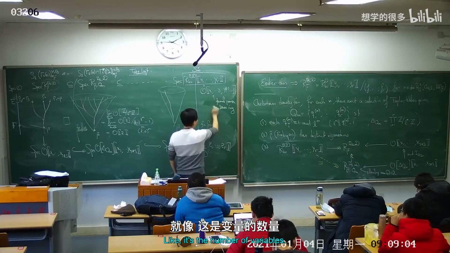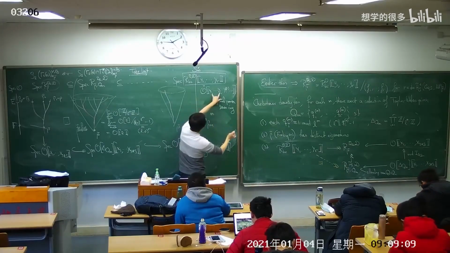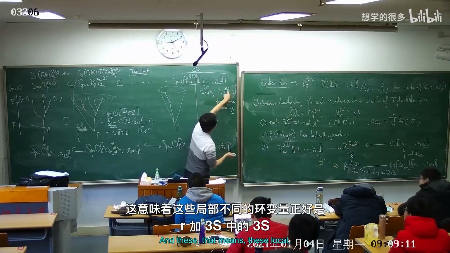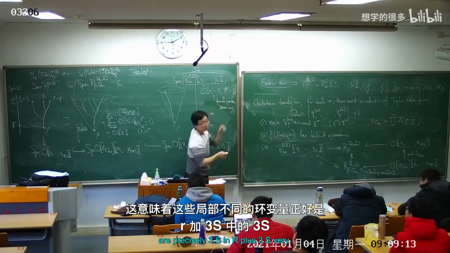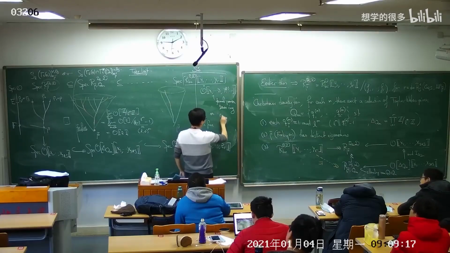You count the number of variables: the Y has R variables, so the local deformation ring variables are precisely 3S, in R plus 3S variables.